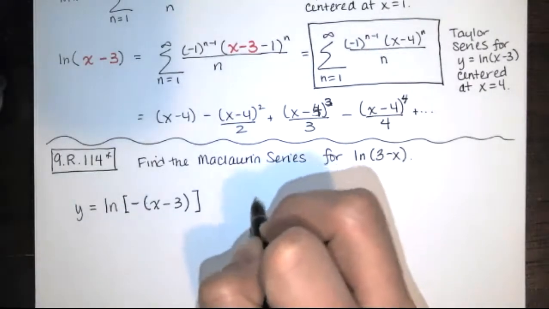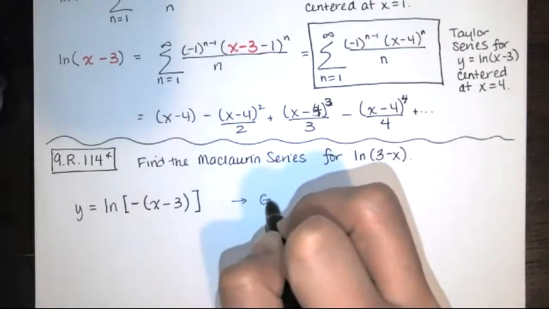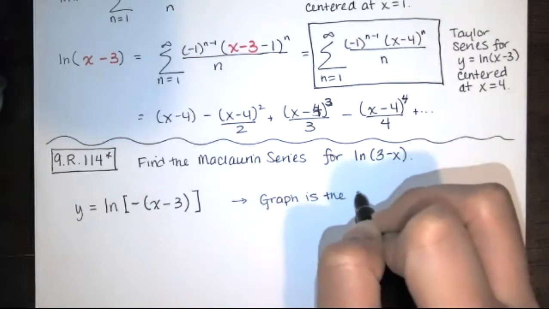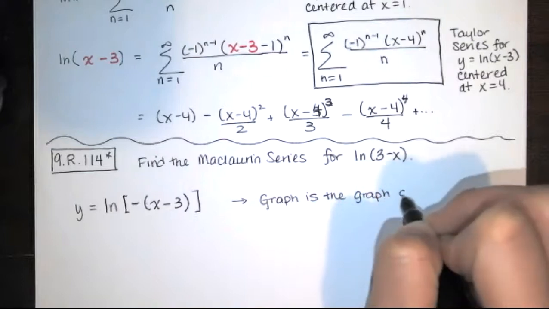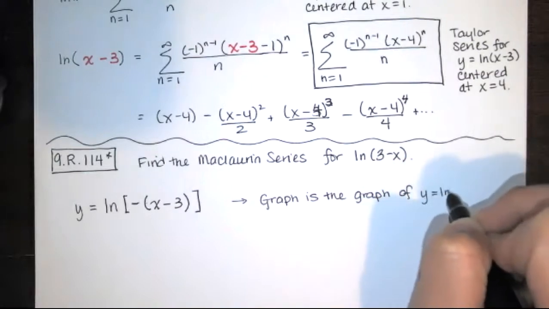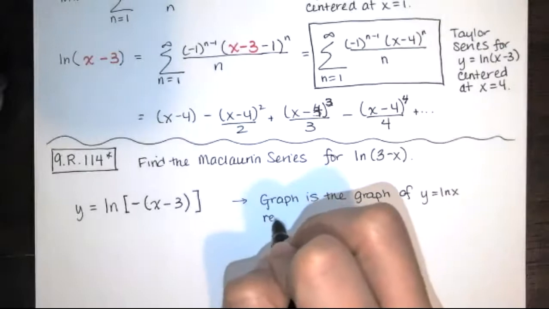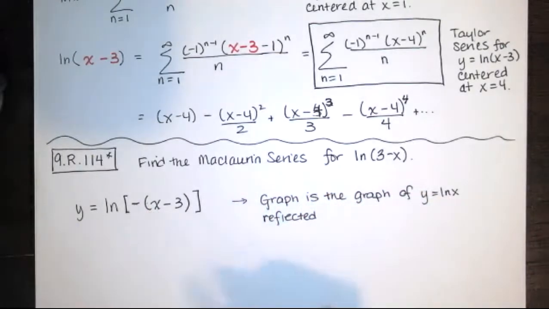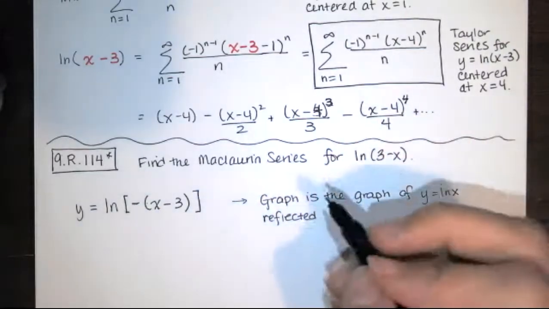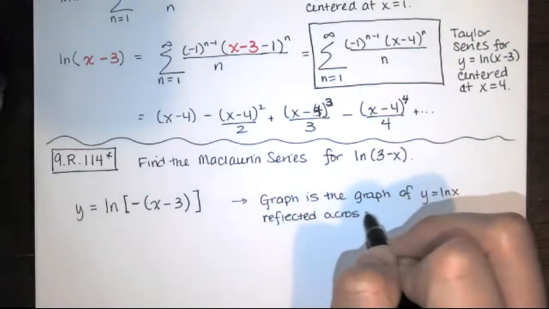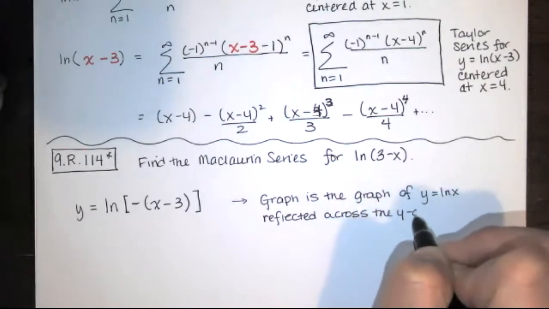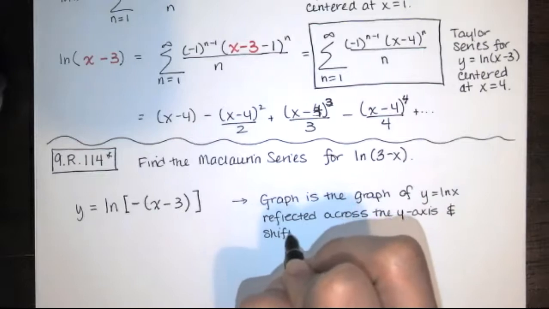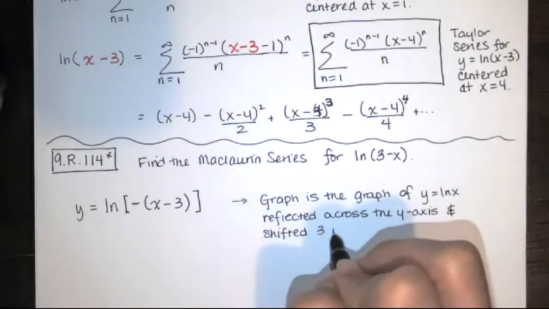So the graph of y equals natural log of x reflected. If I replace x with -x, that's going to reflect across the y-axis. And then we want to shift 3 units to the right.